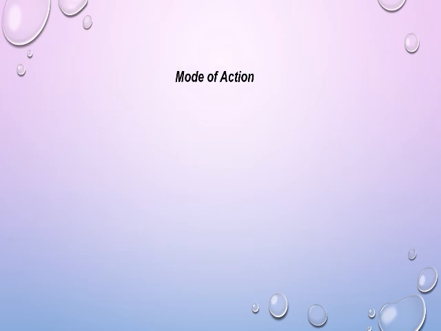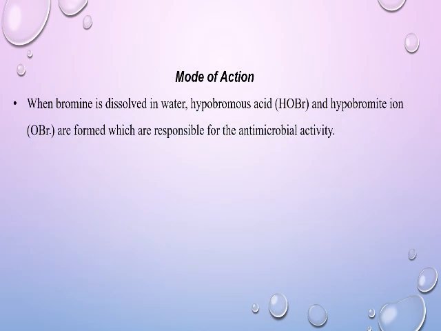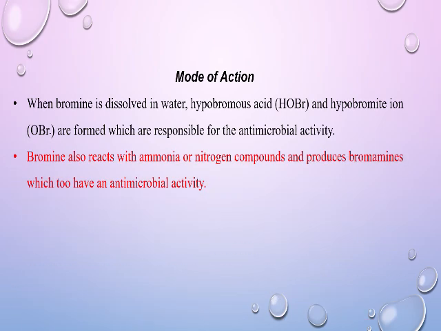The mode of action: when bromine is dissolved in water, hypobromous acid and hypobromite ion are formed, which are responsible for the antimicrobial activity. Bromine also reacts with ammonia or nitrogen compounds and produces bromamines, which too have an antimicrobial activity.